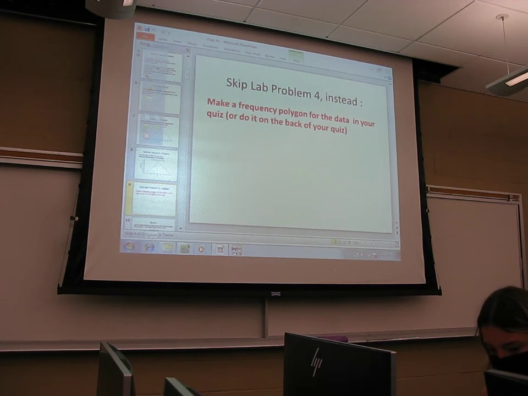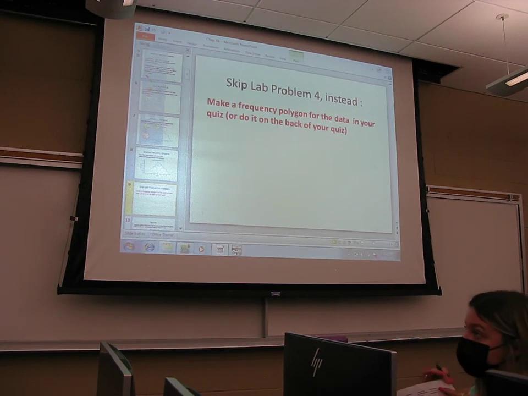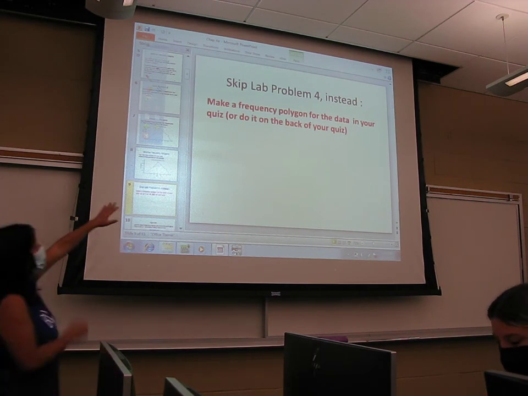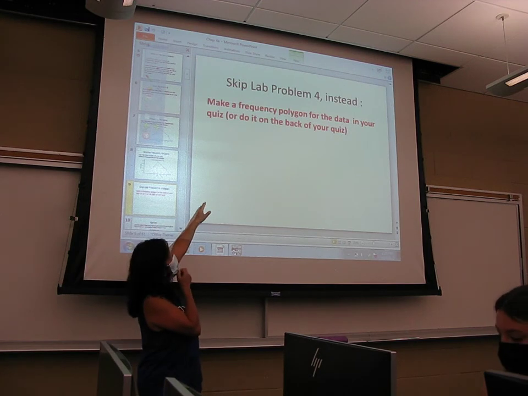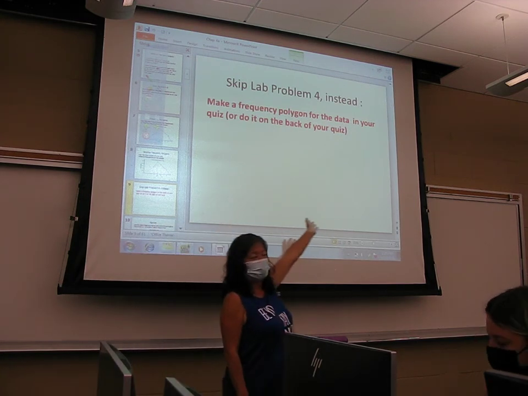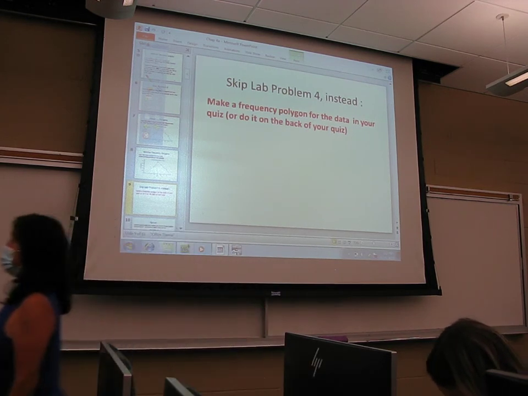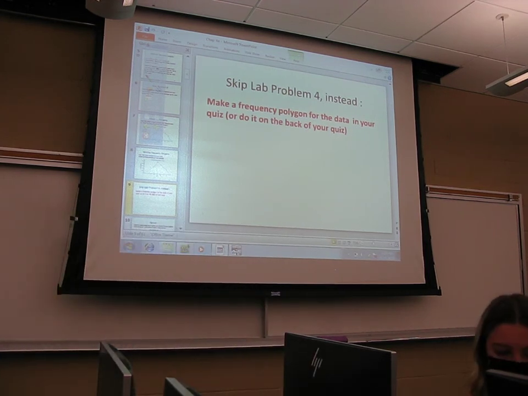If you flip back one page, at the very bottom of the fourth page there should be a giant gap for lab problem 4. In there, I want you guys to do a frequency polygon for the data from this last quiz. So you need to find the midpoints for them.